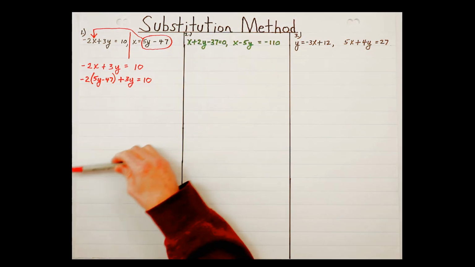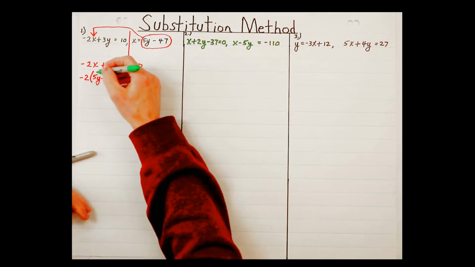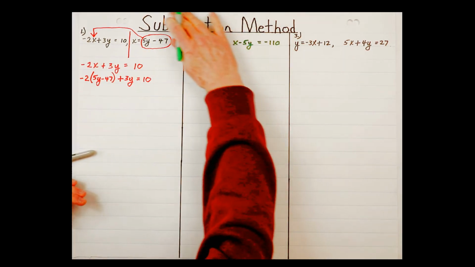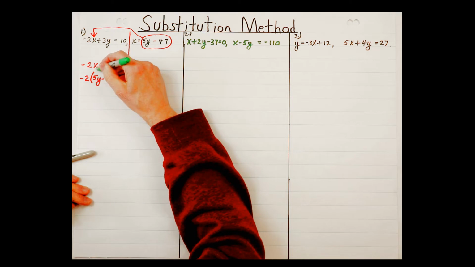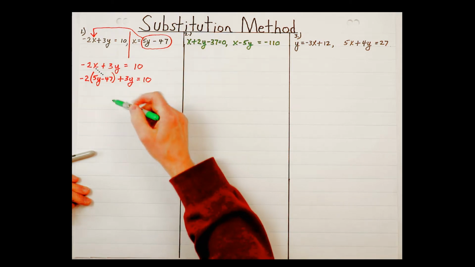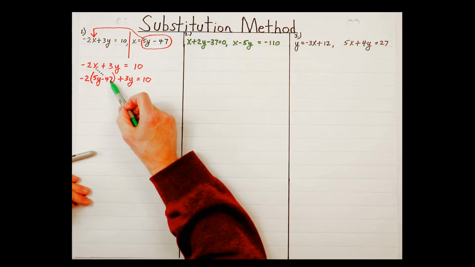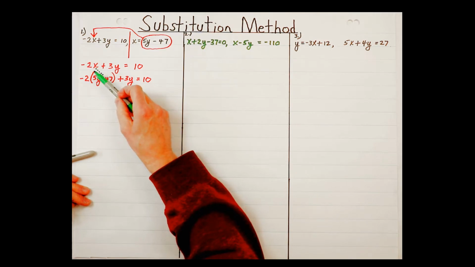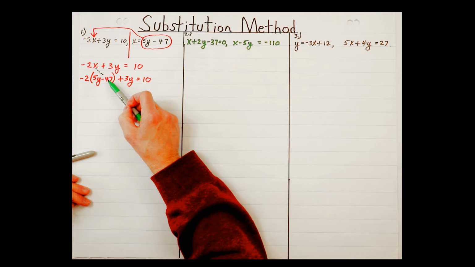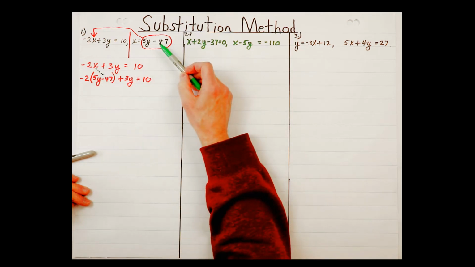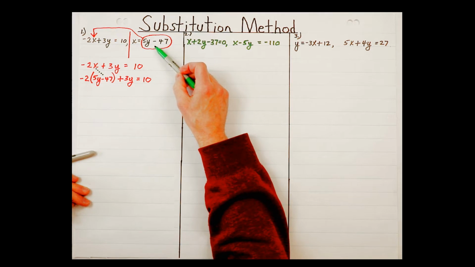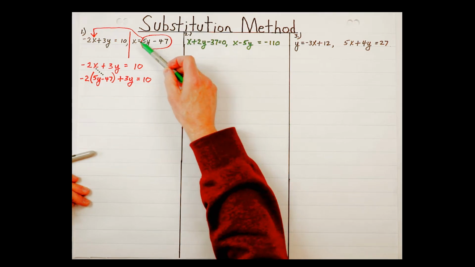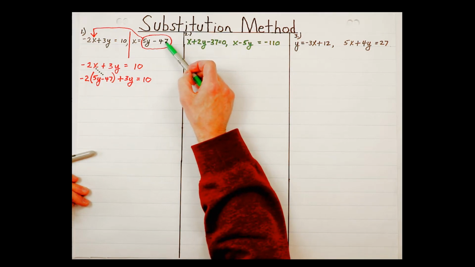The only thing that's different is that we have replaced x with what? 5y minus 47. Why do we replace x with 5y minus 47? Because in the equation that's simplified, it says x equals 5y minus 47.